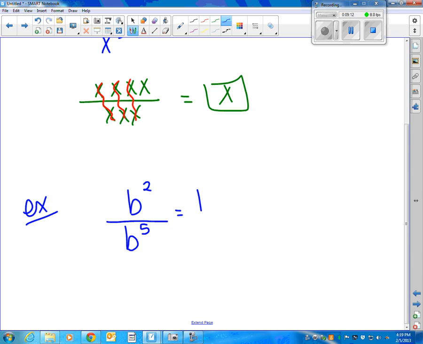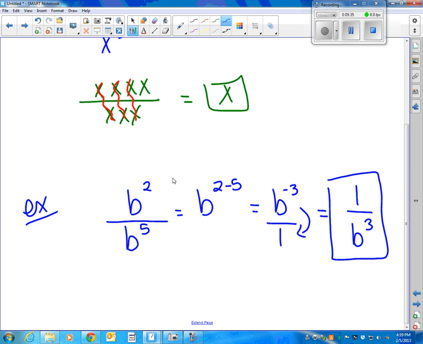I'm going to do b to the 2 minus 5, which is negative 3. And remember, you can't leave a negative in your problem, so that's b over 1. Do the reciprocal, and I get 1 over b cubed, which makes sense. If I had 5 on bottom, I canceled the 2 from the top. That would leave me with 3 in the denominator.